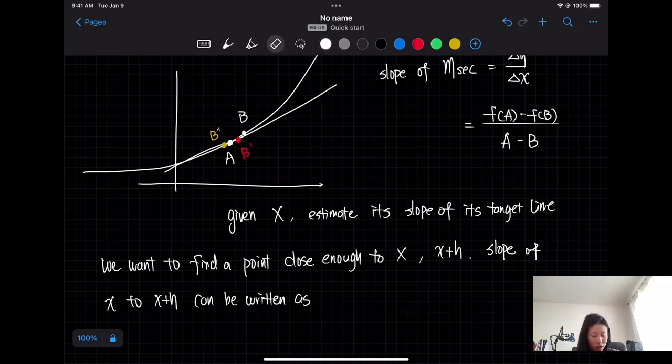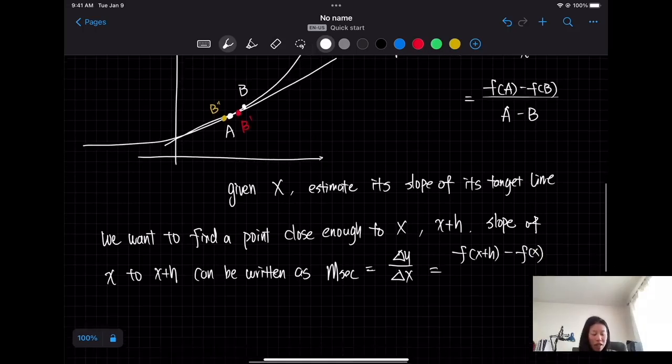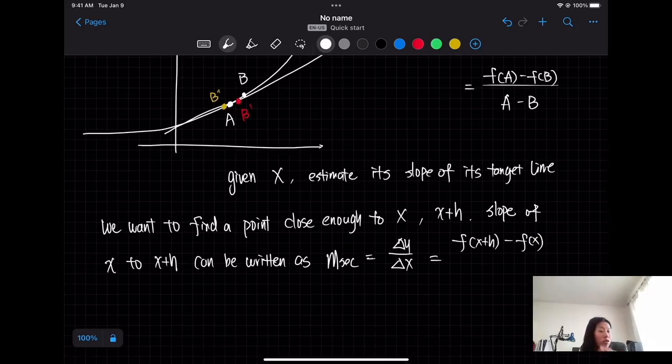Let me give you more detail. Our y coordinate would be f of x plus h minus f of x, which is very close to the point x. And then our x coordinate change would be x plus h minus x. To simplify it, we get this function.